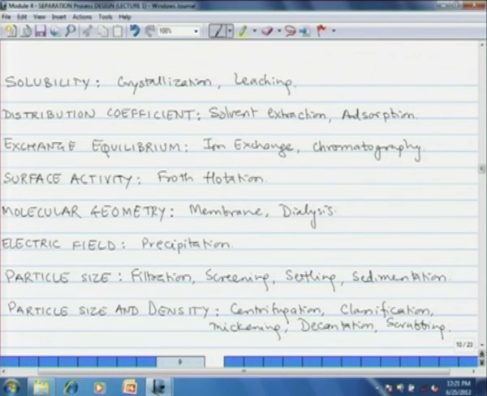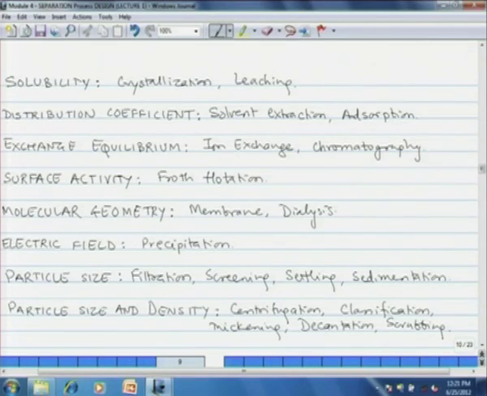Then the surface activity, that is used for froth flotation. There are attractive forces between certain solid particles and the bubble surface, which is of hydrophobic character. So, in froth flotation bubbles are generated, and when you have a solid mixture, particles of a certain component get attached to the bubble due to the surface activity. That is the property for design of froth flotation process.